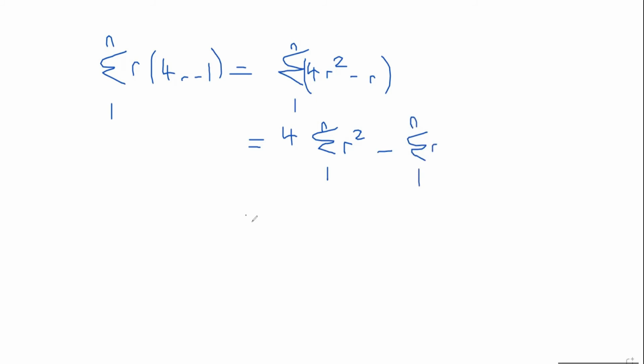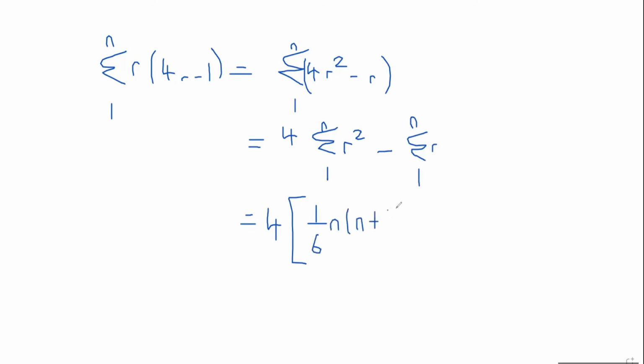So all we have to do now is plug in. This is going to be now 4 times the sum from 1 to n of r squared. Remember, this is 1 over 6n times n plus 1 times 2n plus 1.